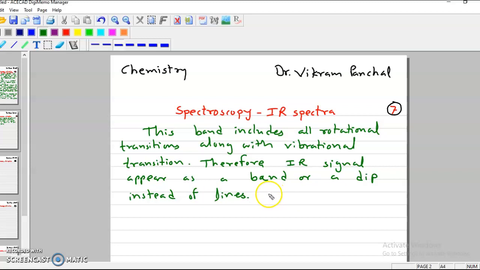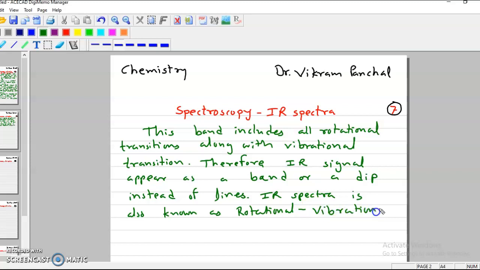This is due to rotations as well as vibrations, change in rotational as well as vibrational levels. So the IR spectra is also known as rotational vibrational spectra. Okay.